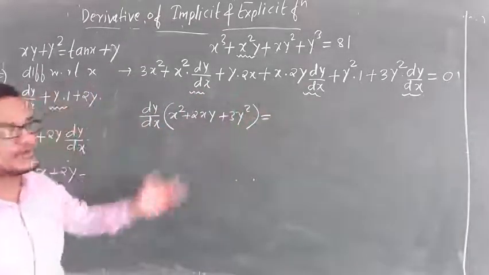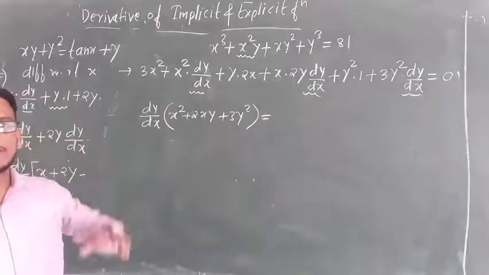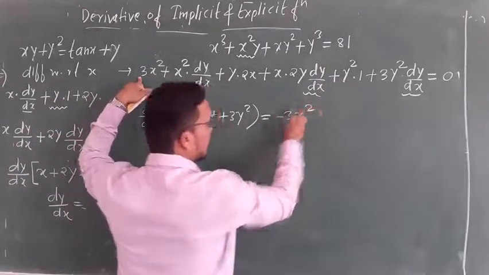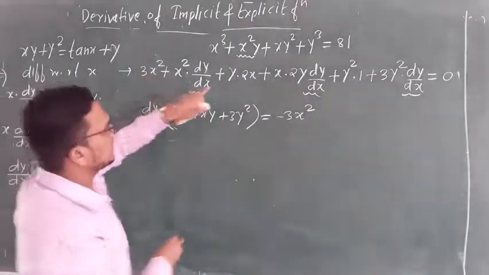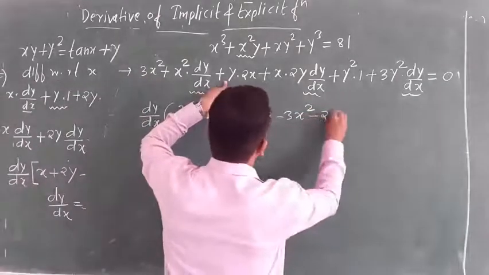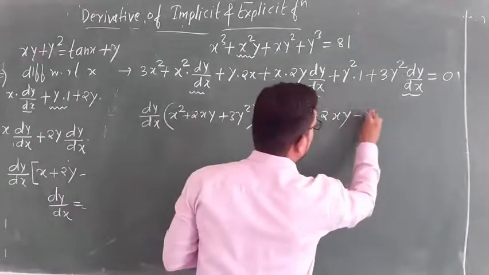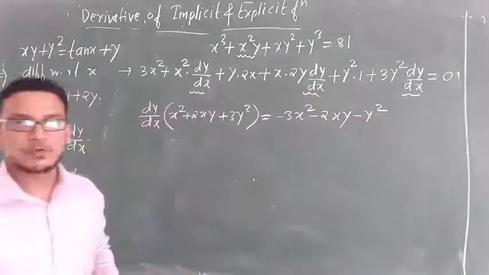The terms which are free from dy by dx transfer to the other side, that is this plus 3x square will become minus 3x square, plus 2xy will become minus 2xy, and plus y square will become minus y square.